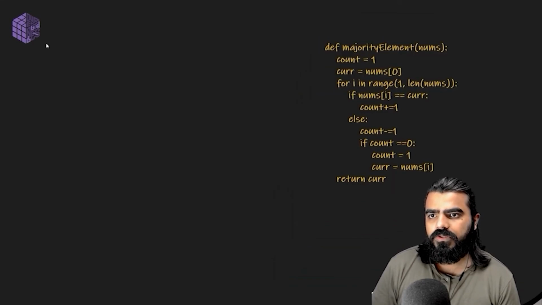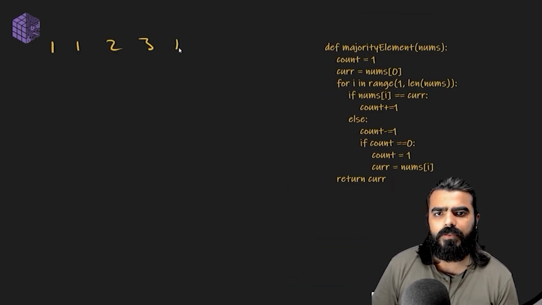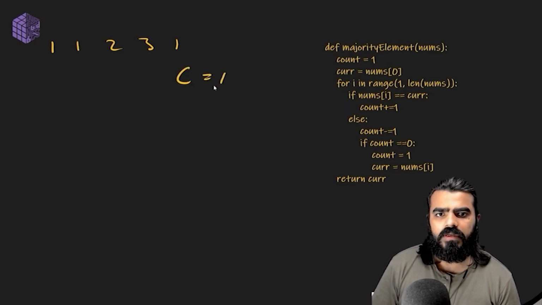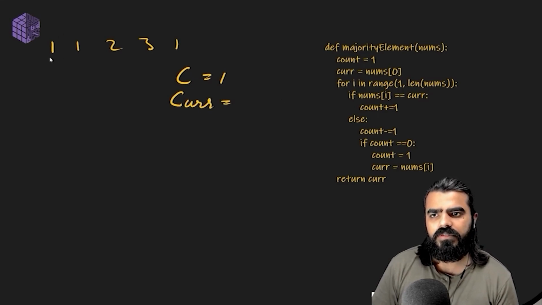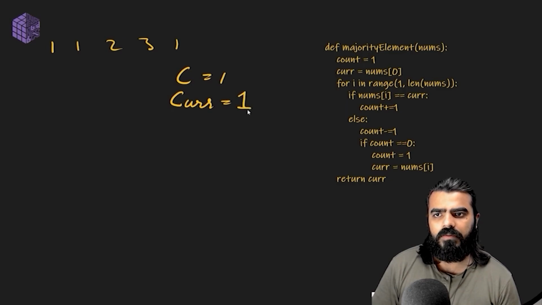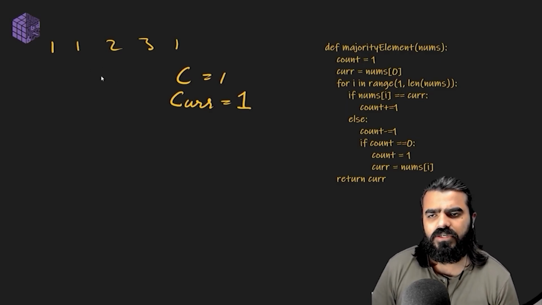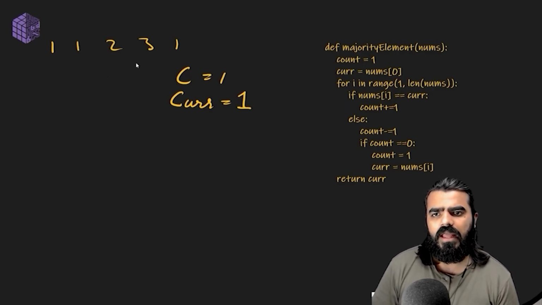Okay, so we have our array as 1 1 2 3 1. Count is equal to 1, and current element is equal to num0. Num0 is this element, so it becomes 1. I'm not storing the index over here, I'm storing the value, because we don't need to return the index, we just need to return the value of the element.